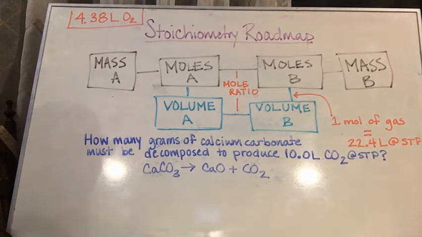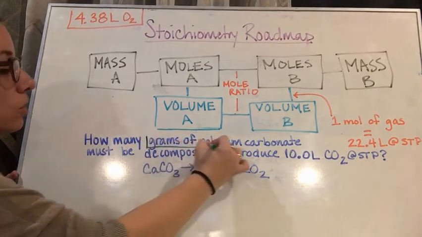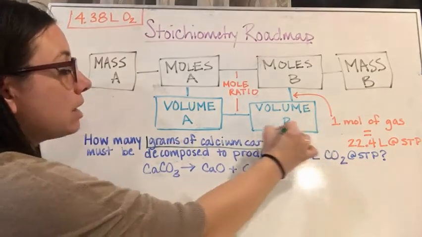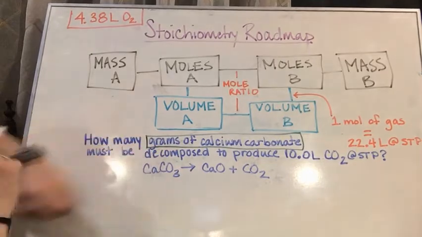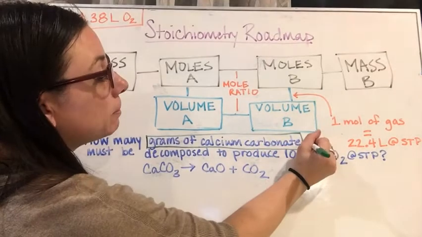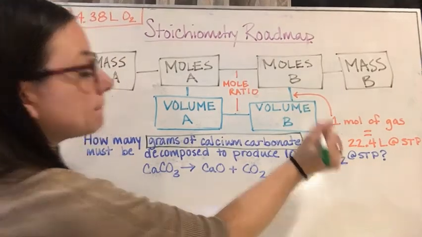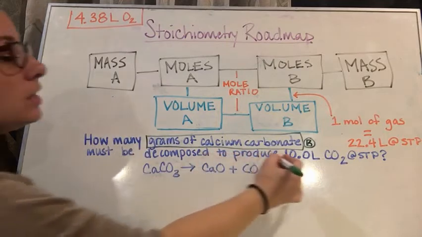So let's take a look at our problem and see what we're starting with and what we're trying to find. How many grams of calcium carbonate? So we're starting with the mass of calcium carbonate. That means we're trying to find the mass of calcium carbonate. So that's our substance B. Must be decomposed to produce 10 liters of CO2.